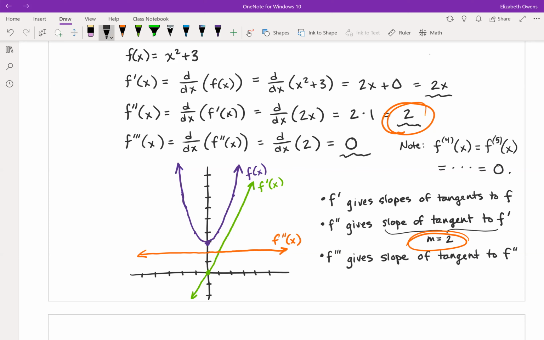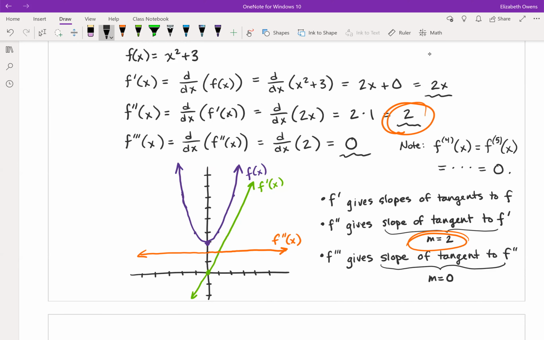And then you can see for that, the slope of the tangent to f double prime, if we come in tangent to this orange line here, the horizontal line y equals 2, the tangent to that would just lie right along that line as well. So the slope of that tangent that I'm drawing in right now is a horizontal line itself, so the slope of that is 0.